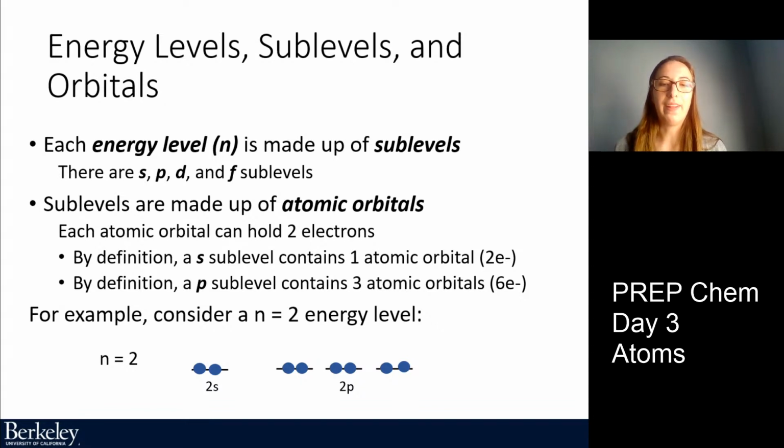We can talk more about that after class if you want to understand some of the complexities behind D and F sublevels. But they are really important, and you'll learn a lot about them in Chem 1A. They'll come up in atoms that have more electrons. As you add more electrons to your atom, you need more sublevels. So then the D and F ones would show up.